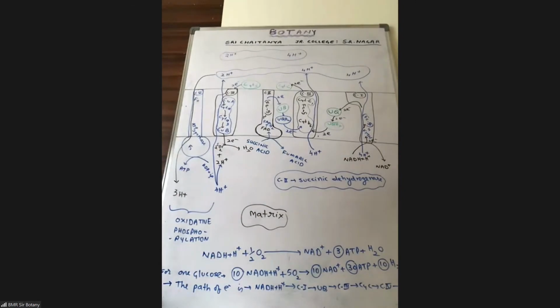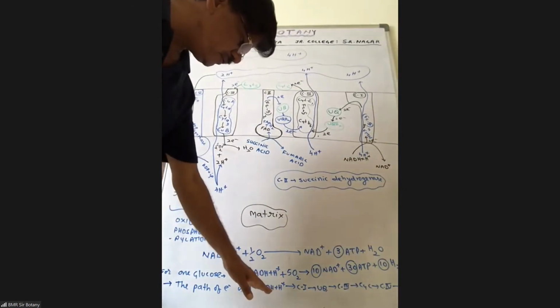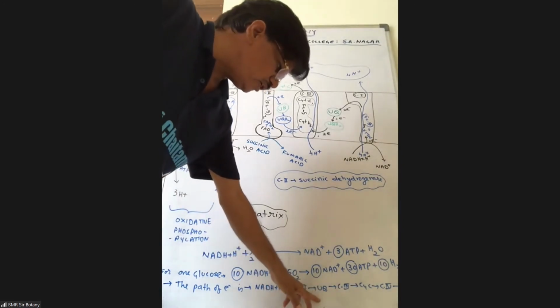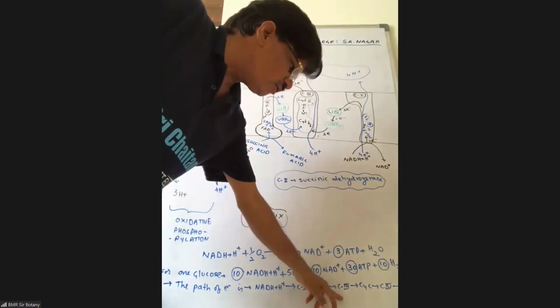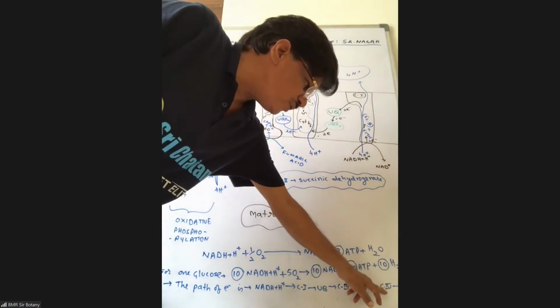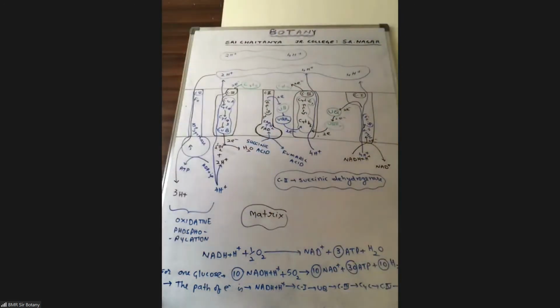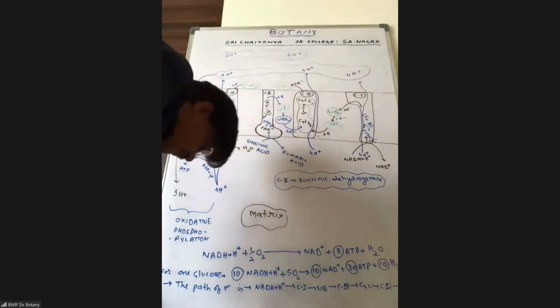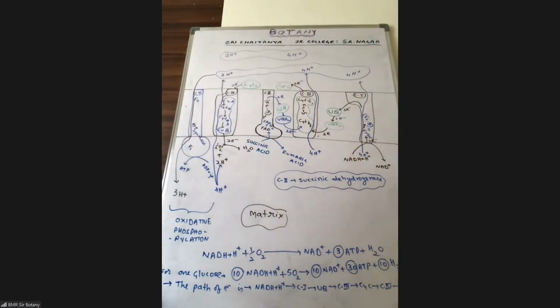Understood this now? NADH to complex 1 to ubiquinone to complex 3 to cytochrome C to complex 4 to oxygen. Electrons flow like this if the substrate is NADH. Be careful. Have you followed this?